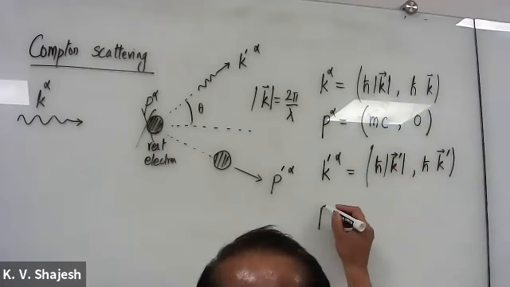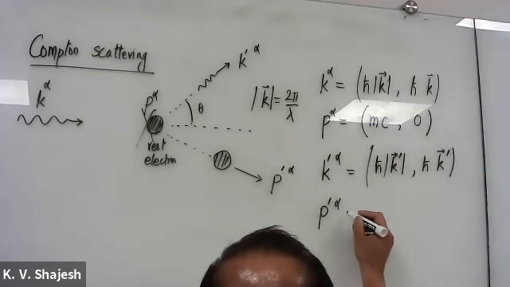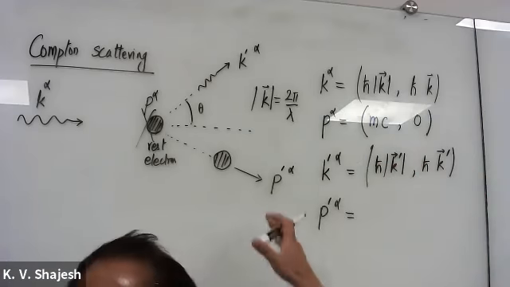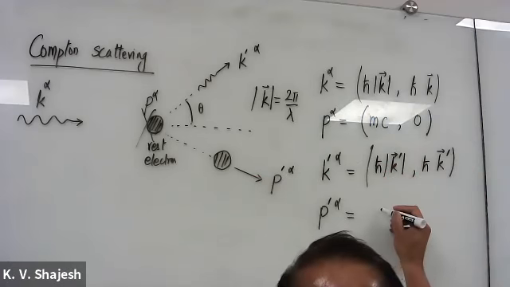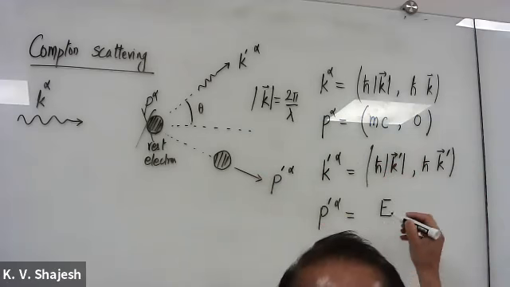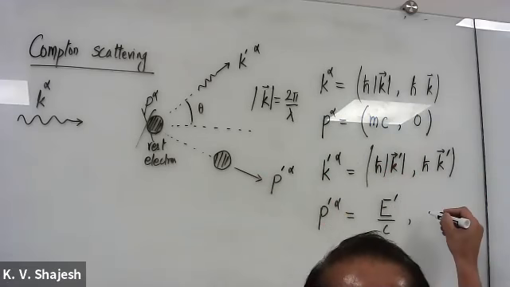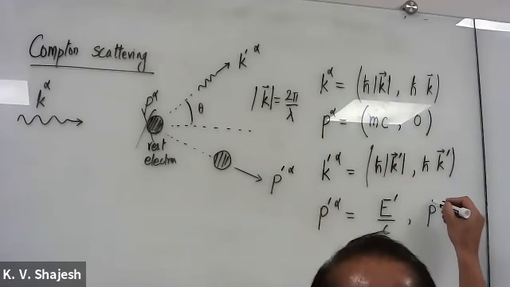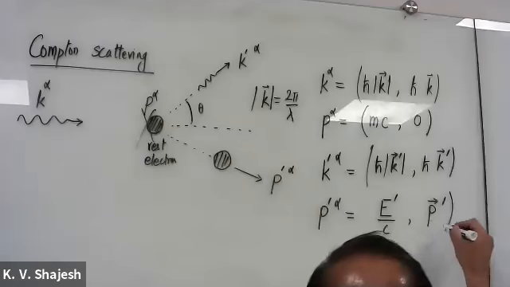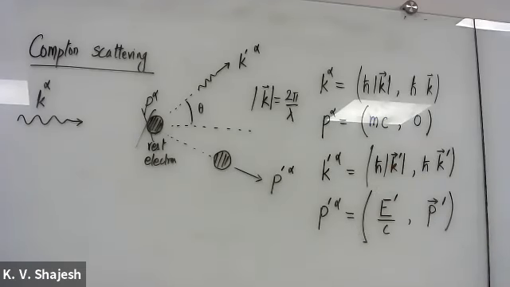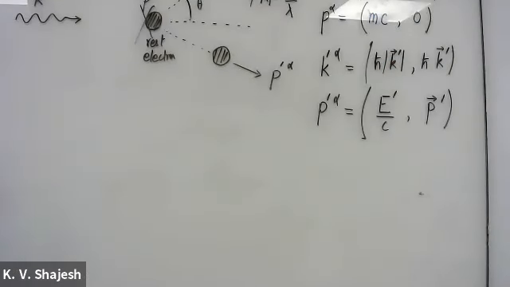And there is an electron, prime alpha, which now can have energy. So this is energy prime, let's say, divided by C, and that is P prime. That seems like a lot of unknowns, but now what we will do is use the same trick as earlier.